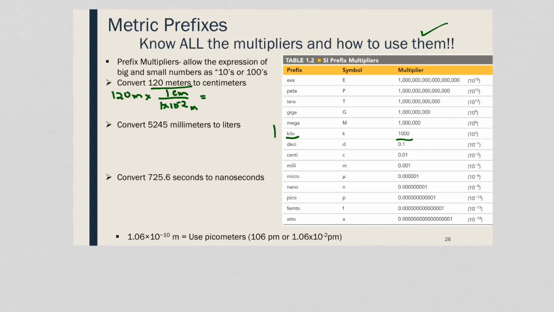So now I can do this conversion by applying this conversion factor: 1 centimeter is equivalent to 1 times 10 to the minus 2 meters. There's a specific way that I set this up. Since my original units were meters, I put the matching unit on the bottom so that it cancels out, and my target unit always goes on top.